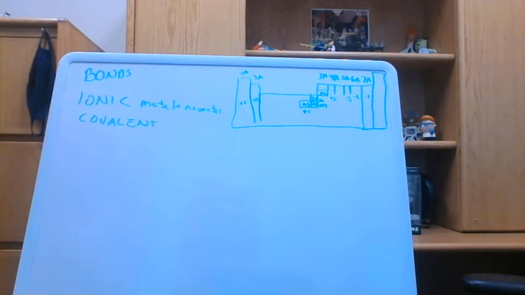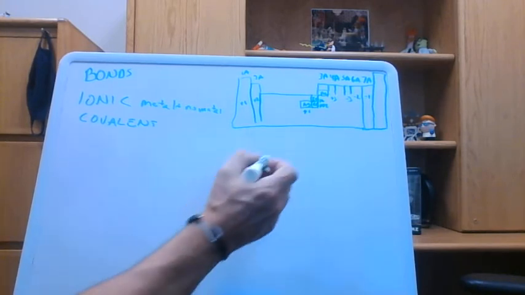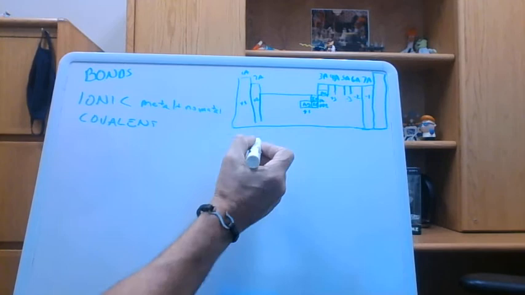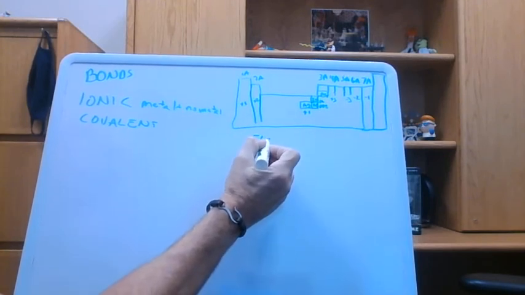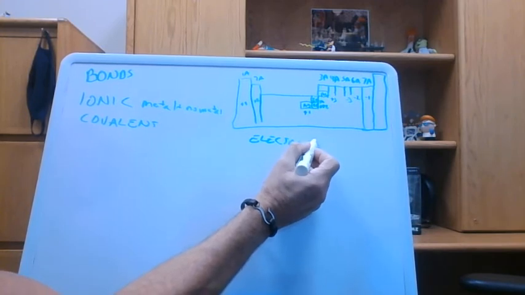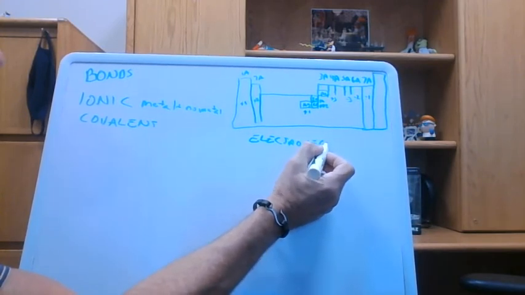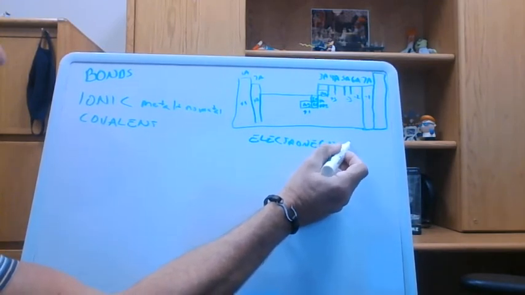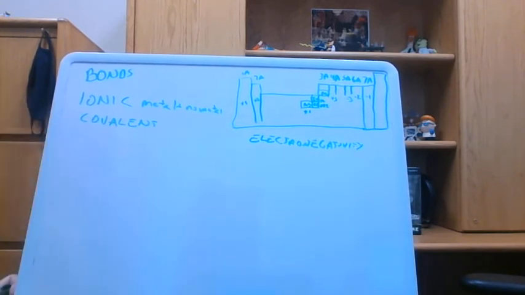And what determines if you have an ionic bond versus a covalent bond can be predicted based on the electronegativity of the elements, actually the difference in electronegativity between the two elements participating.